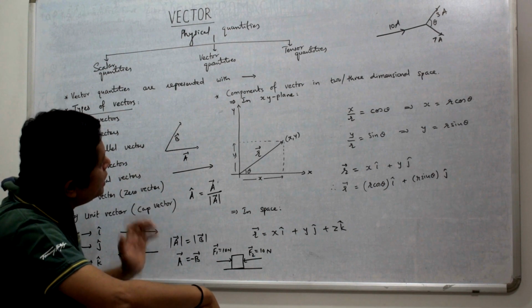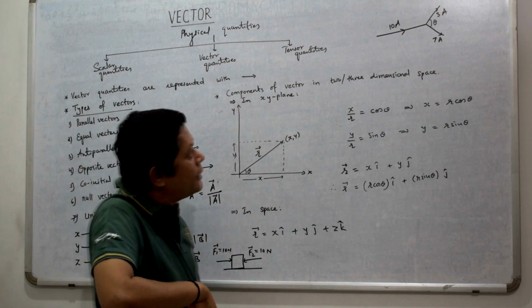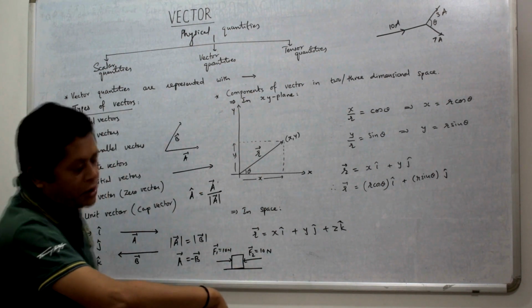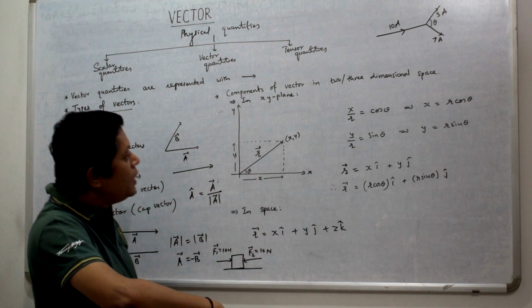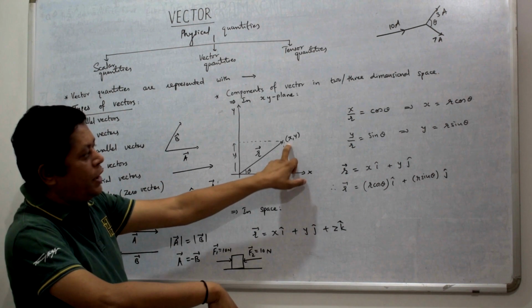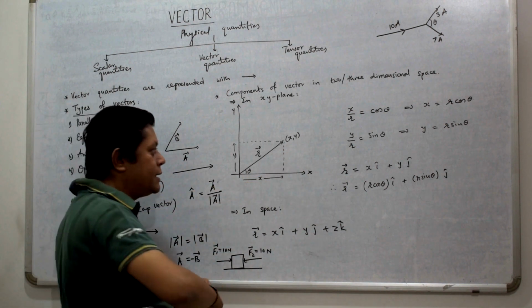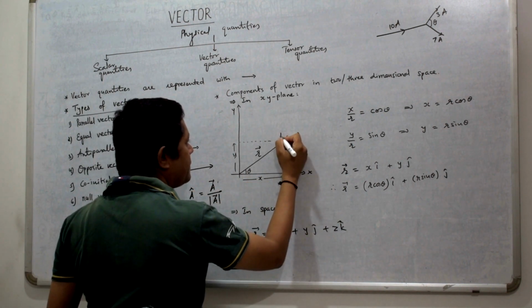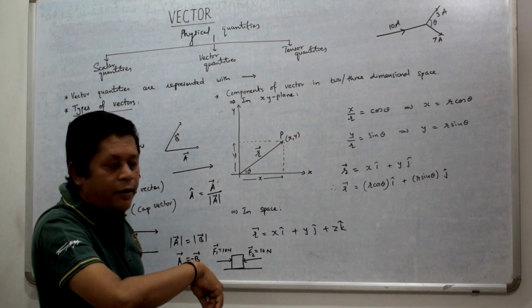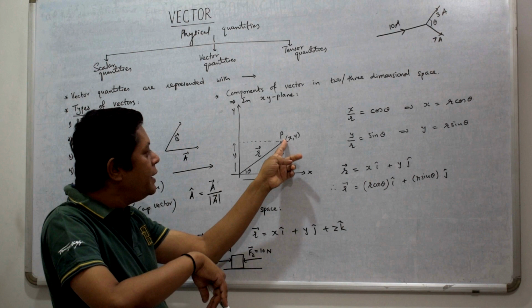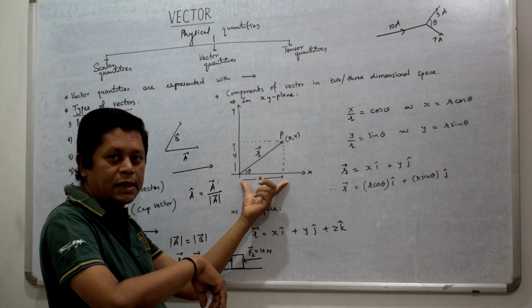Now, the component of a vector in 2 or 3 dimensional space. Let us consider in this xy plane, the coordinates of any point are x and y. Let's say we mark this point as P. The coordinates of point P are x and y. It means that if you take the intercept on the x-axis, this distance is x.